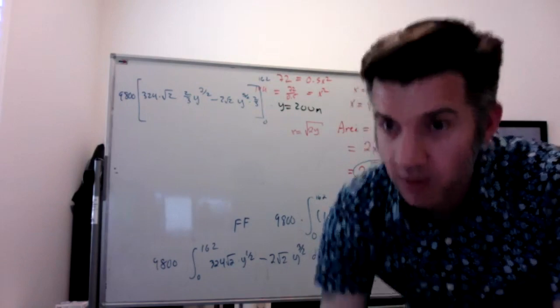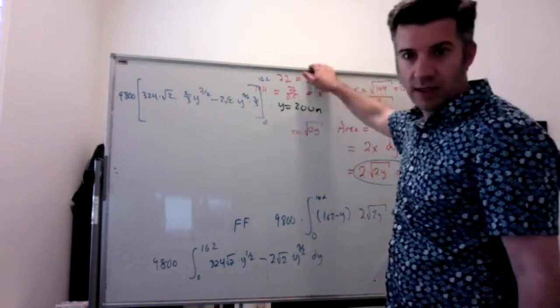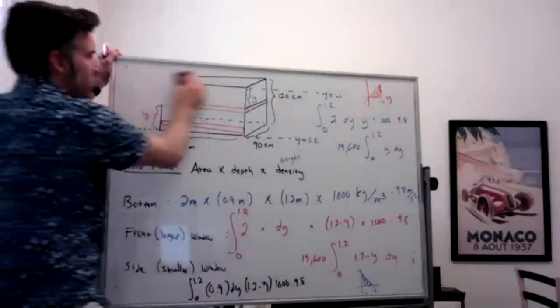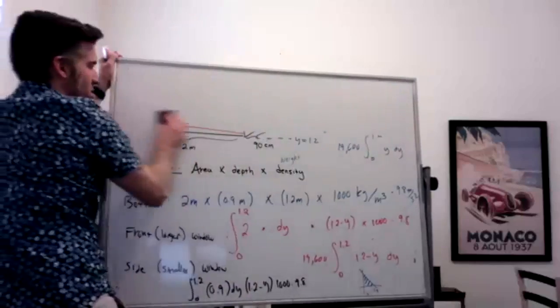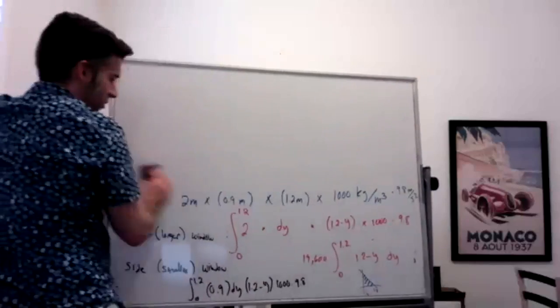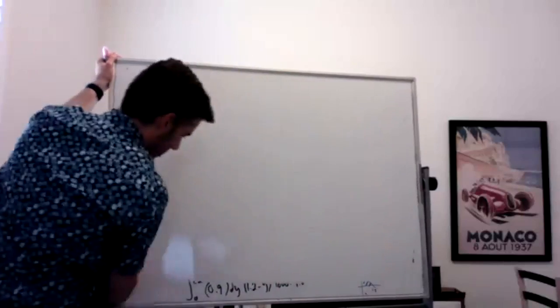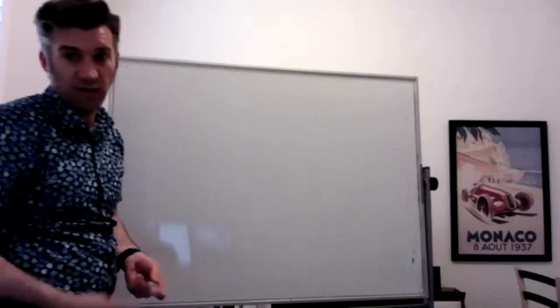Okay, so let's say we have something like this. Thinking about fluid force due to pressure, it's all about everything being submerged to the same depth. If you have things at different depths, that's when you have to integrate.